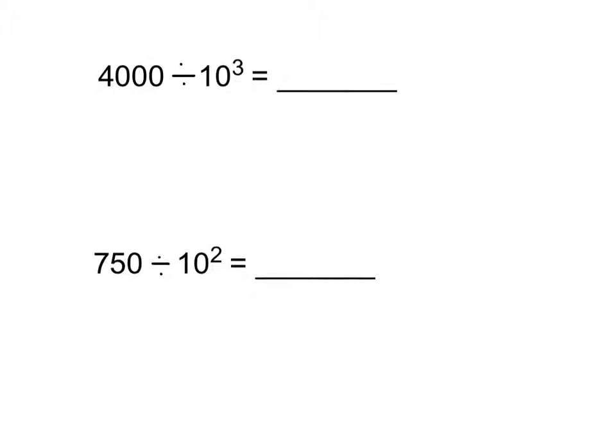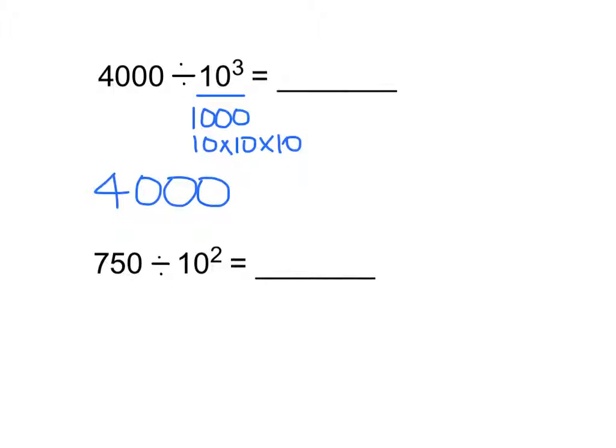You can also divide using the powers of 10. So let's practice that. 10 to the third, as we've discussed, is 1,000, or 10 times 10 times 10. So I'm going to start with 4,000, and I know my decimal place is right here to the right of it. And this time, because I'm dividing, I'm going to move my decimal point to the left for each of those tens.